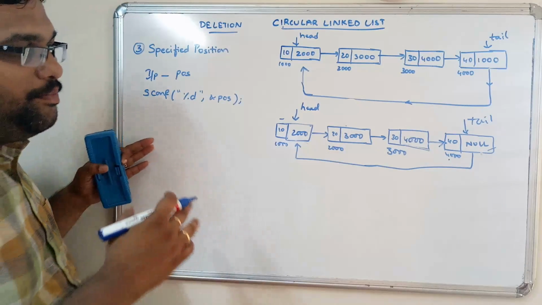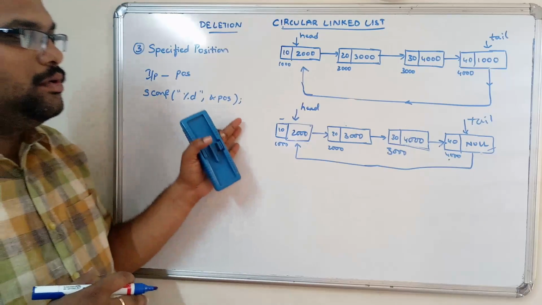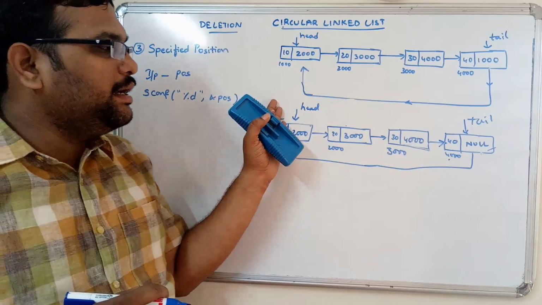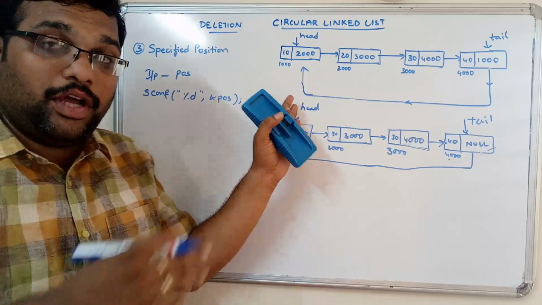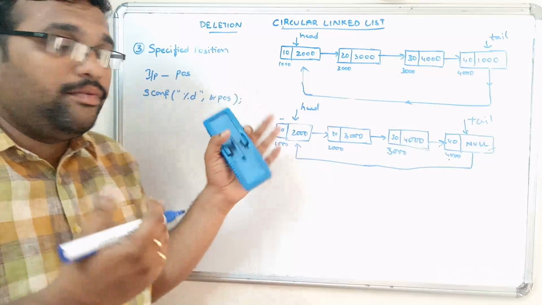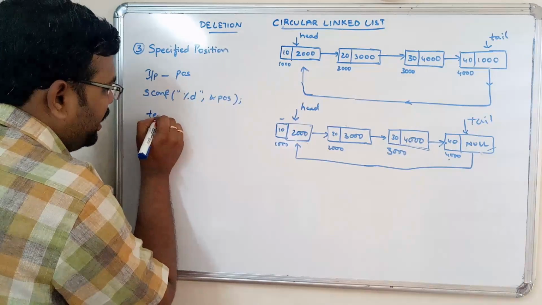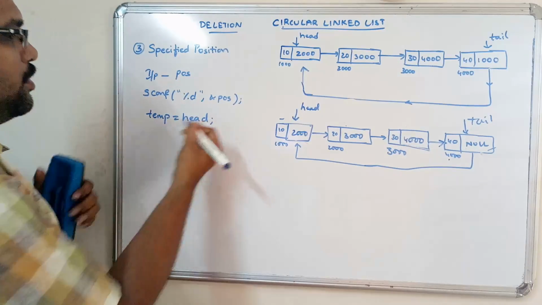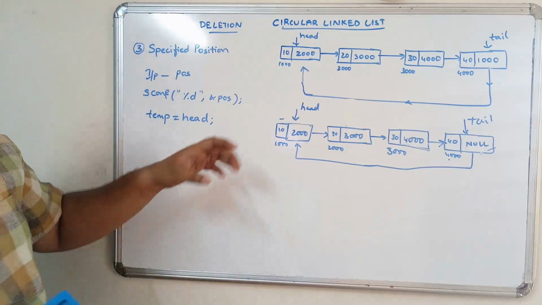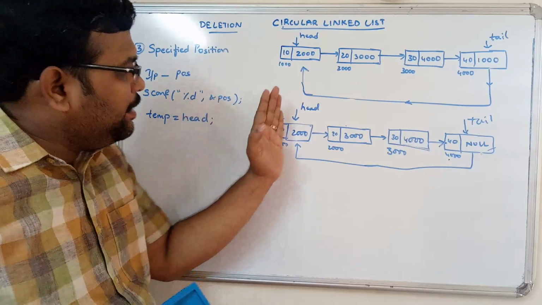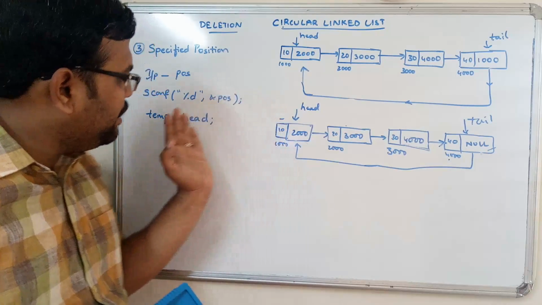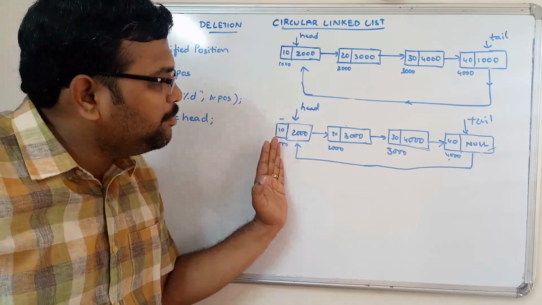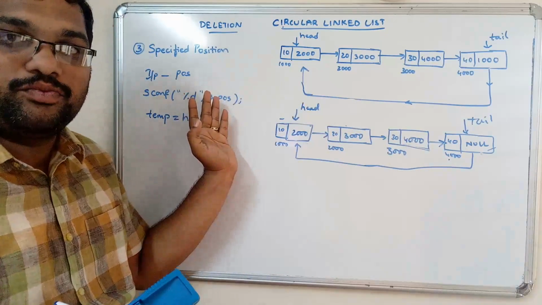Then we have to move the temporary pointer, because we are not moving the head, so we just assign the head to temp, right? Now we have to change the temp position from the starting point to position minus 1.